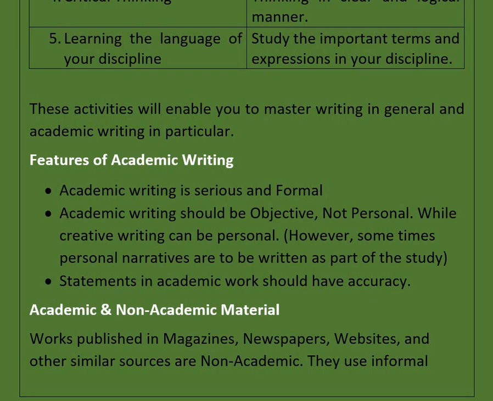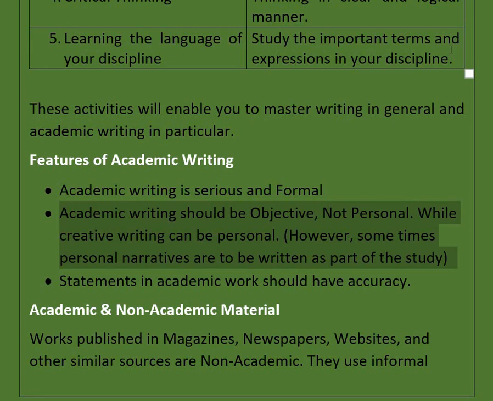Then academic writing should be objective, not personal, while creative writing can be personal. However, sometimes personal narratives are to be written as part of the study. Sometimes some questions are asked like that.